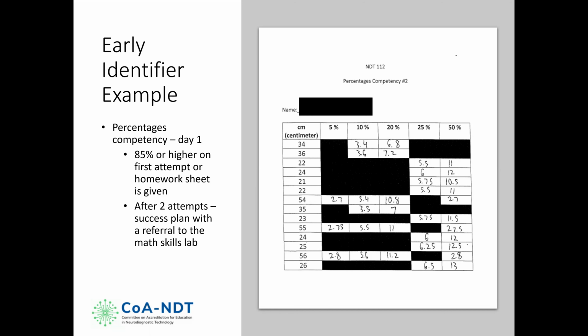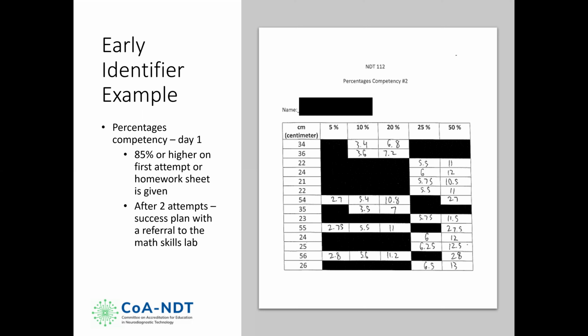After 2 attempts, we do a success plan that refers them to the math skills lab. We actually send their competencies to the math skills lab because they know how to identify problems and work with them to get their percentages down, and then they have to come back with the success plan and their ticket back to lab.